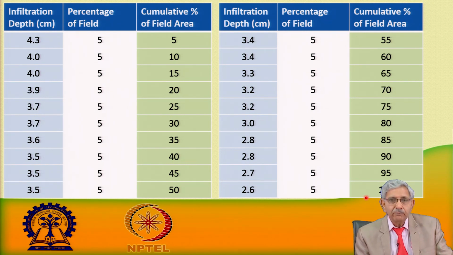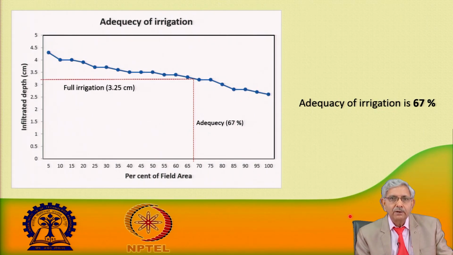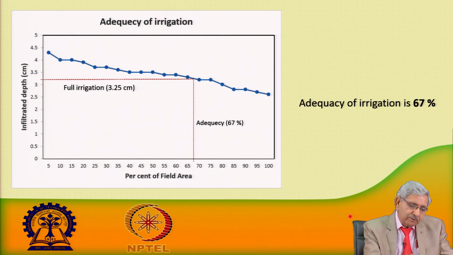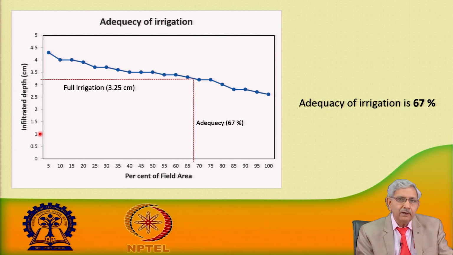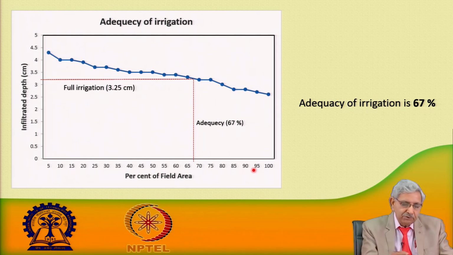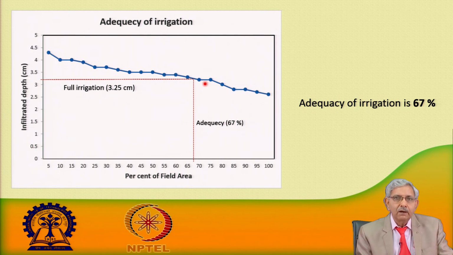From this data we will get the cumulative frequency curve plotted. The cumulative frequency is the depth of water infiltrated versus percentage of the field area. So, this curve which is plotted is nothing but the cumulative frequency curve.